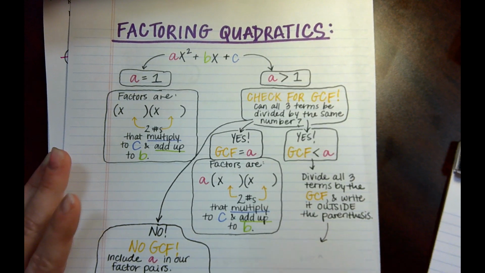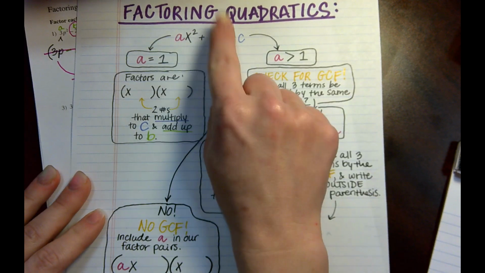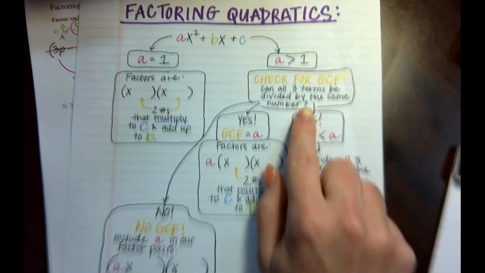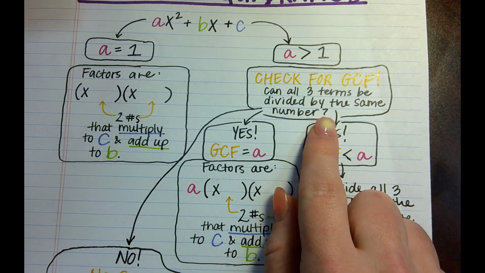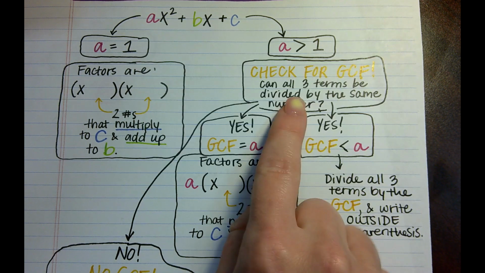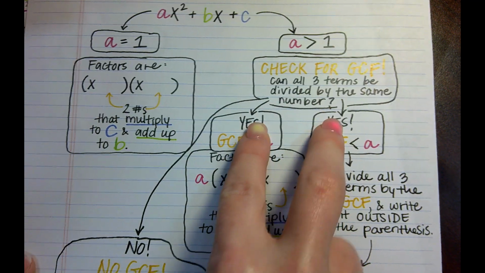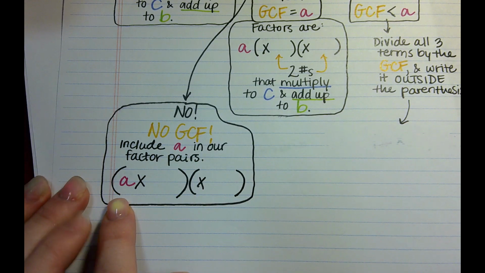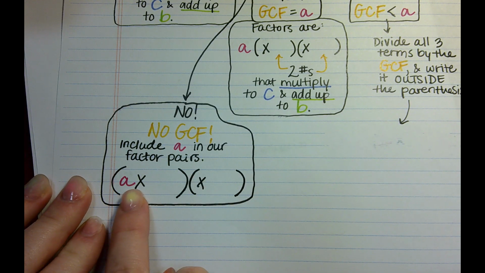So we just completed a problem where our A was greater than 1. And we followed this process. We checked for a greatest common factor, and there was not one. So, since the answer was not yes, we went down to no greatest common factor, so we included A in our factor pairs.